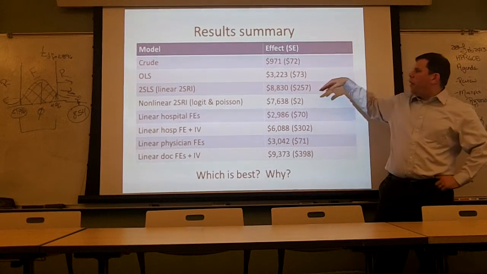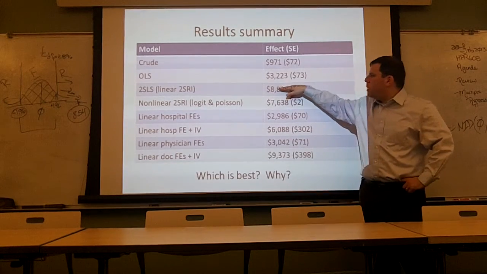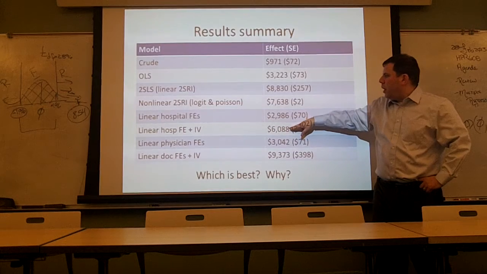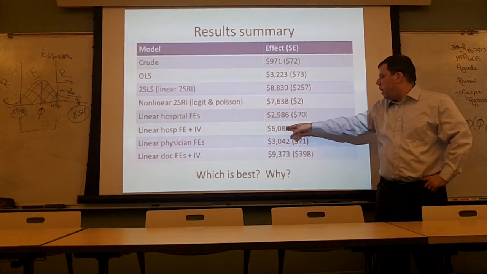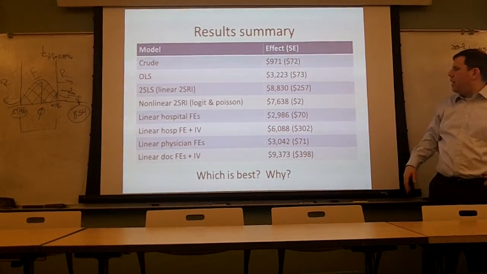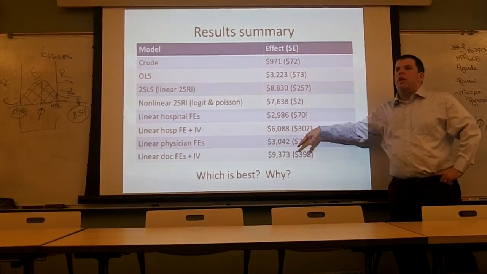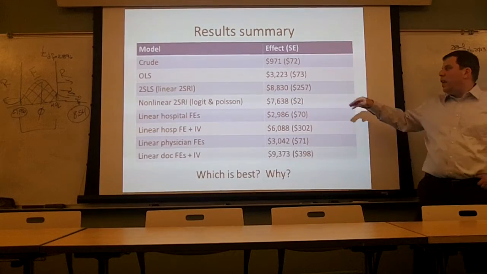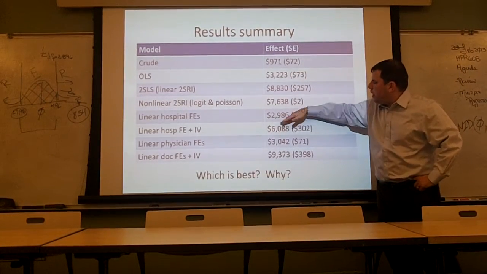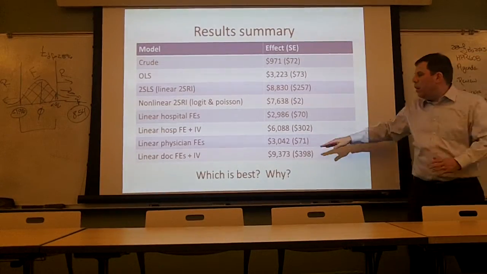Once we go to an instrumental variable, whether it's two-stage least squares, nonlinear two-stage least squares, linear hospital fixed effects and IV is 6,000, and then doc fixed effects and IV is about 9,000. We get a much larger estimate of the effect. Is it consistent? It's not exactly the same. They're not the same as each other, and the growth from the unadjusted.